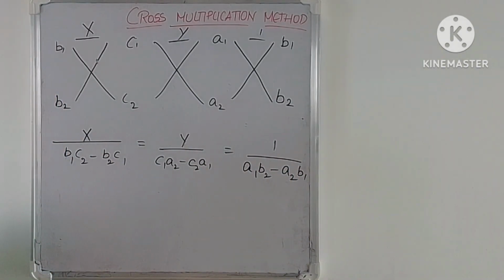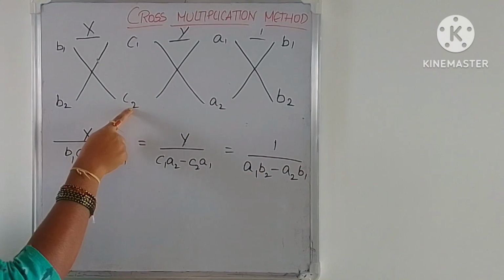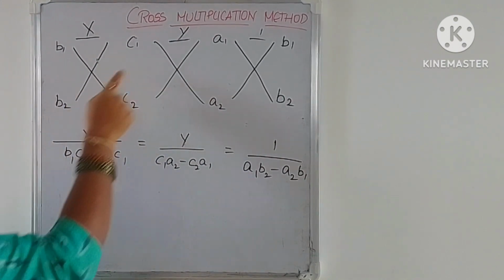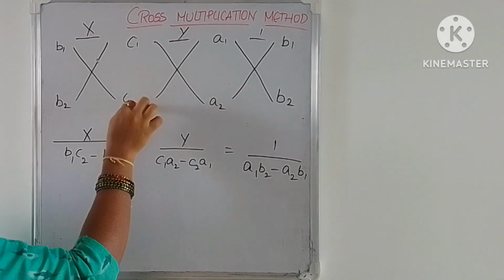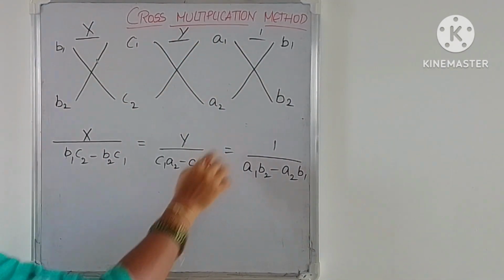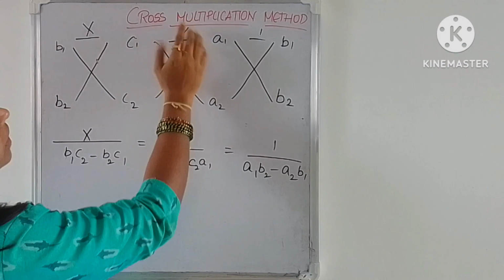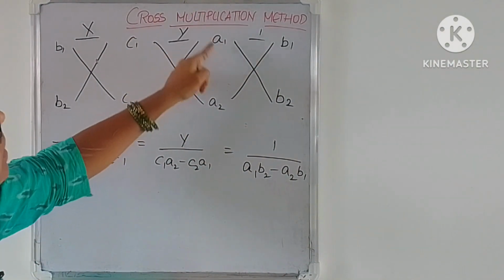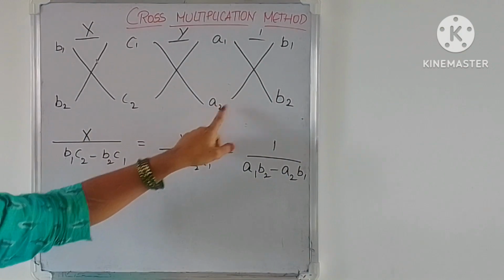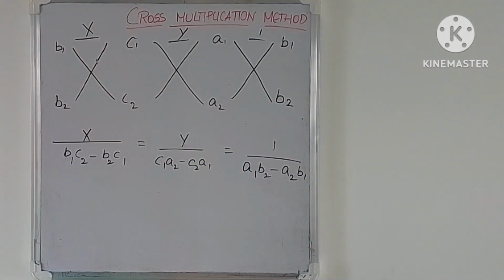How am I multiplying? Under the x, b1 c2 and c1 b2. Under the y, c1 a2 and c2 a1. Under the 1, close this one if you get confused. What will it become? a1 b2 minus a2 b1.